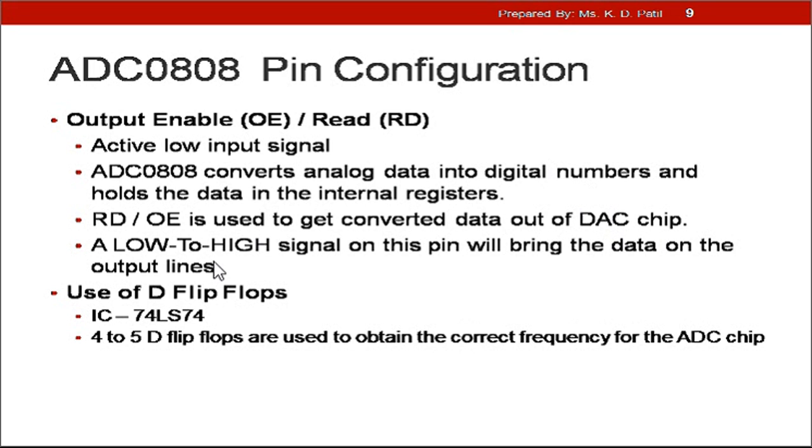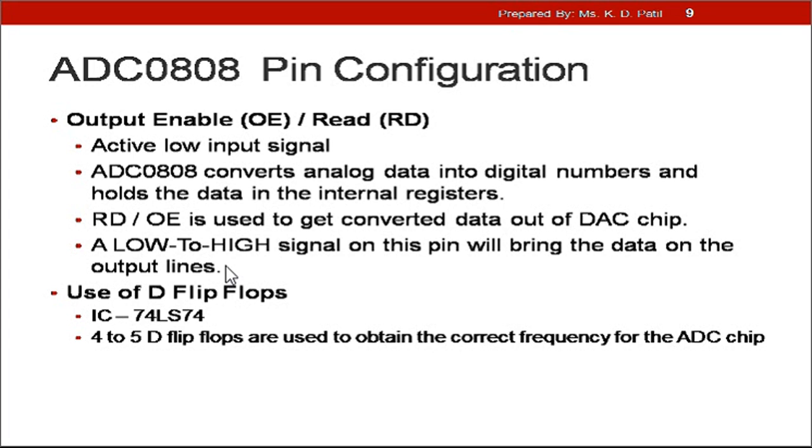Okay, and to get the data on the digital output lines from D0 to D7, a low to high signal on this output enable pin, on this read pin, will be sent to get the data on those output lines which are available in ADC 0808, and those digital output lines are D0 to D7.